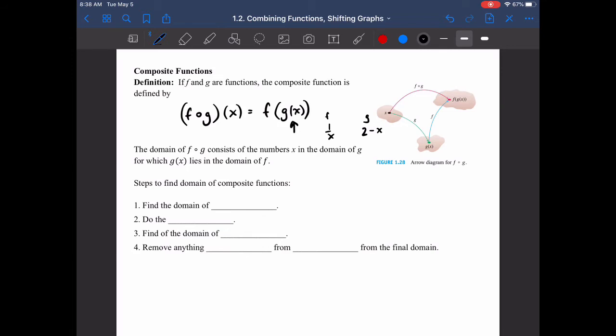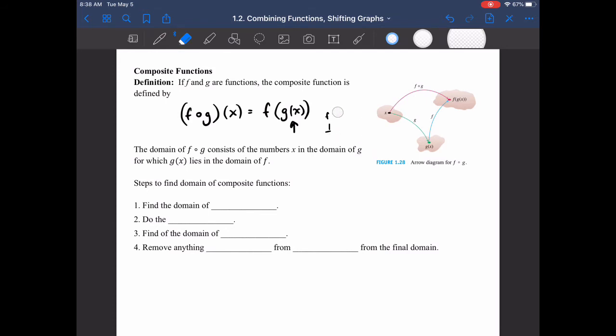I could put in a 2 here. 1 over 2 works, and you think, oh, okay, that's okay. And 2 works over here. If I plug in 2 here, I just get 0, and it's fine. However, if I plug in 2, I get a 0 over here. This will give me a 0, and 0 does not work in there. So this is the kind of thing you have to pay attention to. You can't just look at it and say, oh, well, here are their two domains. It works for each of them individually, therefore it works for their composite function. That is not the case, so you have to be careful about it.